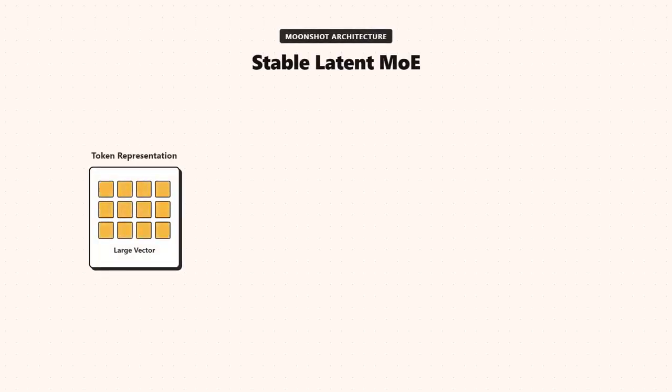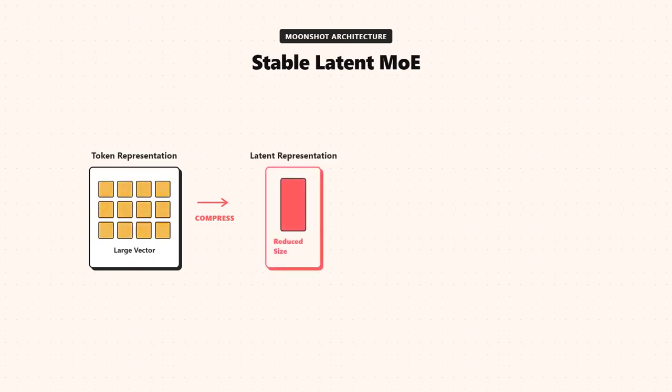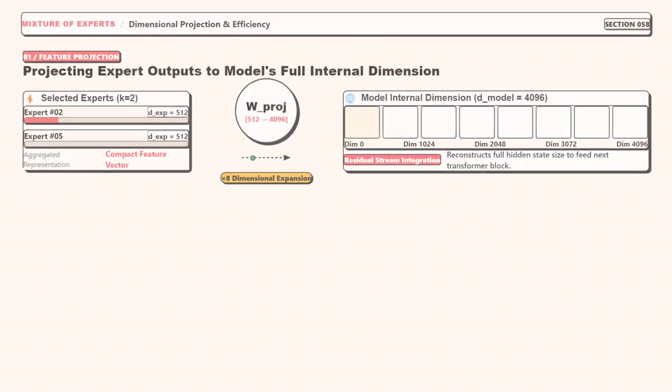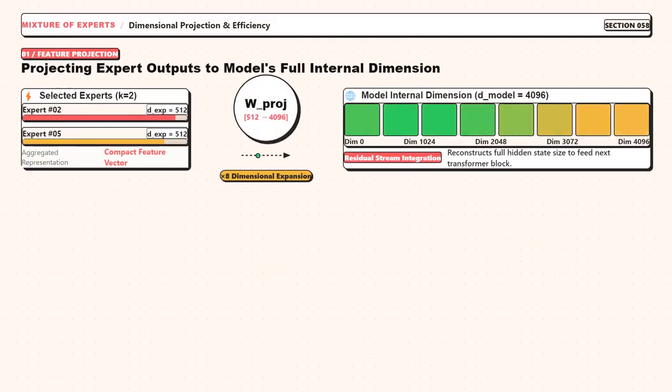Moonshot's reported approach includes something called stable latent MoE. Before routing the token representation across the expert system, the architecture compresses it into a smaller latent representation. The smaller representation requires less data to be transferred between GPUs. After the selected experts process it, the result can be projected back into the model's full internal dimension.